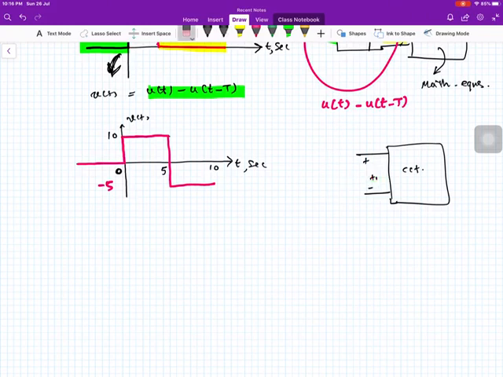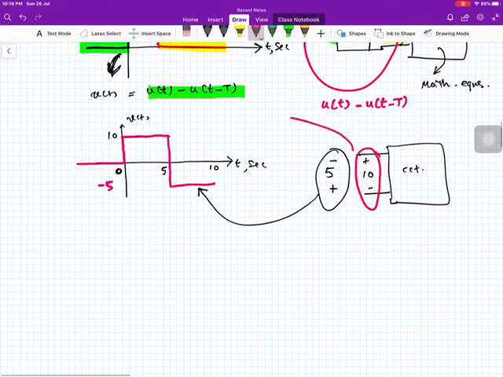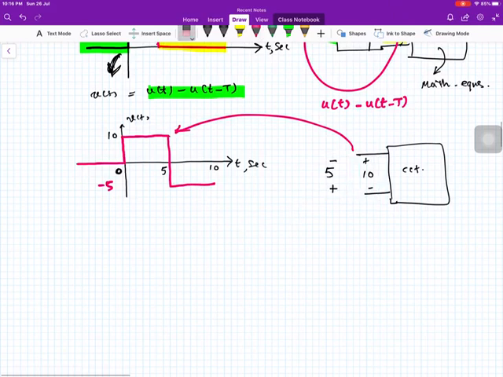So in the initial part it is 10 volt, and then the voltage is minus 5 volt with this polarity, while the 10 volt is with the original polarity. And I will leave it to the original position. This is the voltage over here.